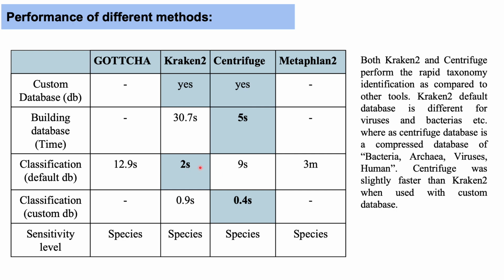So to perform the taxonomic identification with Kraken2, we only used the viral database, and it was faster as compared to Centrifuge. But Centrifuge was faster than Kraken2 when used with a custom database. All the tools provided species-level taxonomic identification but were not able to characterize the strain.